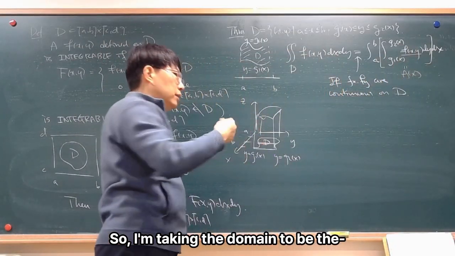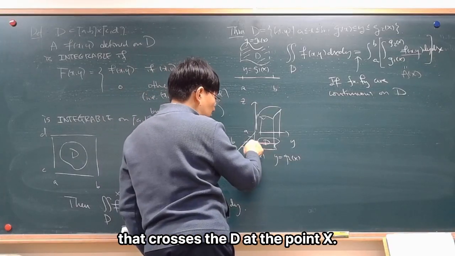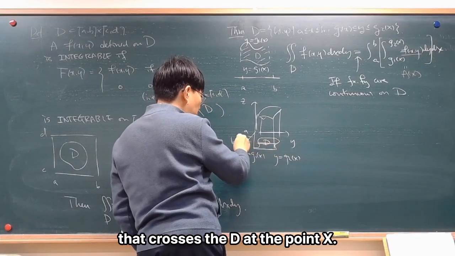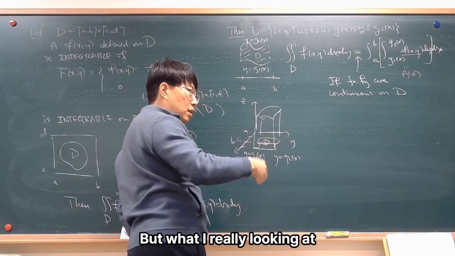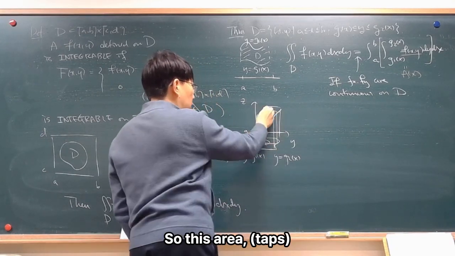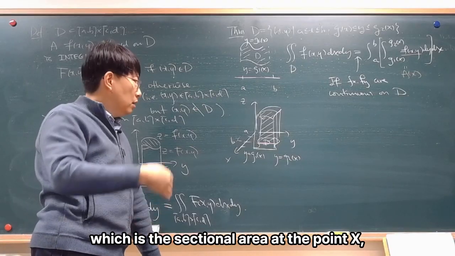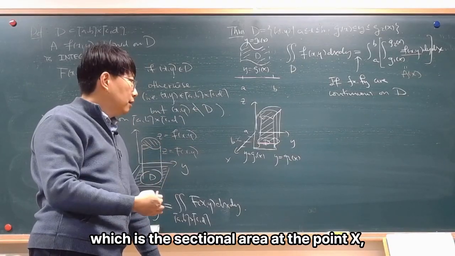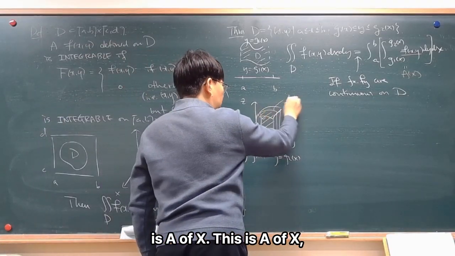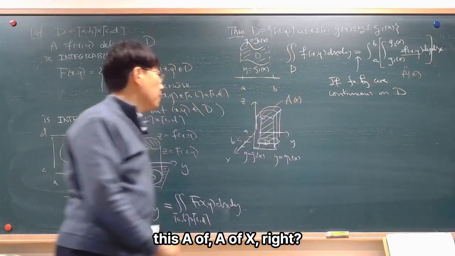I'm taking the domain to be just the section line that crosses D at the point x, but what I'm really looking at is the area sitting above this line. This area, which is the sectional area at the point x, is A(x).